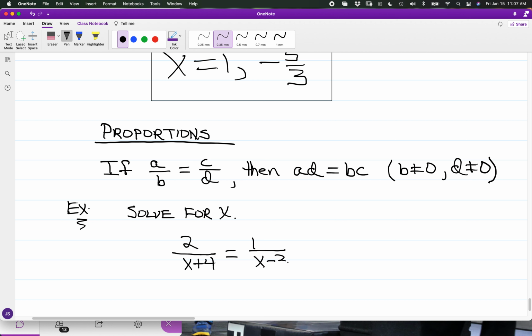Just to mention, we have denominators x plus 4 and x minus 3, so a bit of mentioning of the restrictions. Whatever we have for x, you cannot have 0 valued denominators.